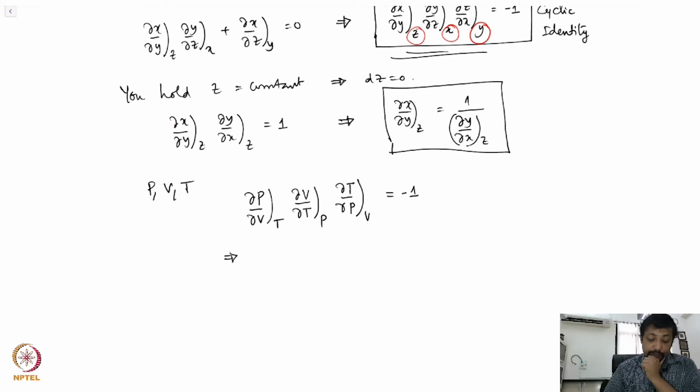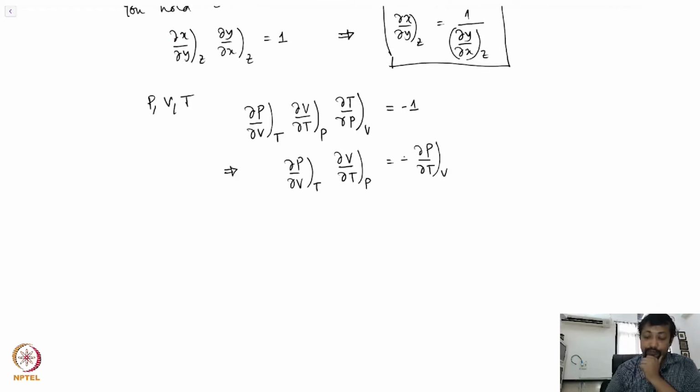So this implies that del P del V at constant temperature times del V del T at constant pressure is del P del T at constant volume with a minus sign in front of it.